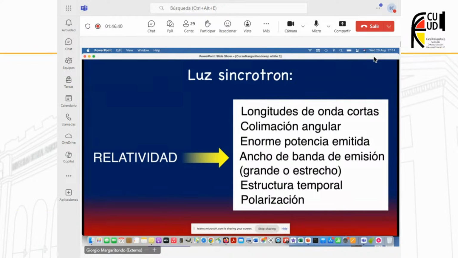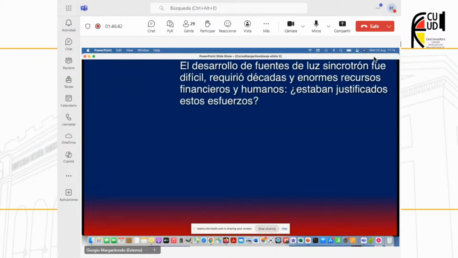All right. Now, let me go to the question where we stopped yesterday, that is, whether these efforts to develop the synchrotron radiation network were justified in spite of involving quite big resources. And we made several arguments here.